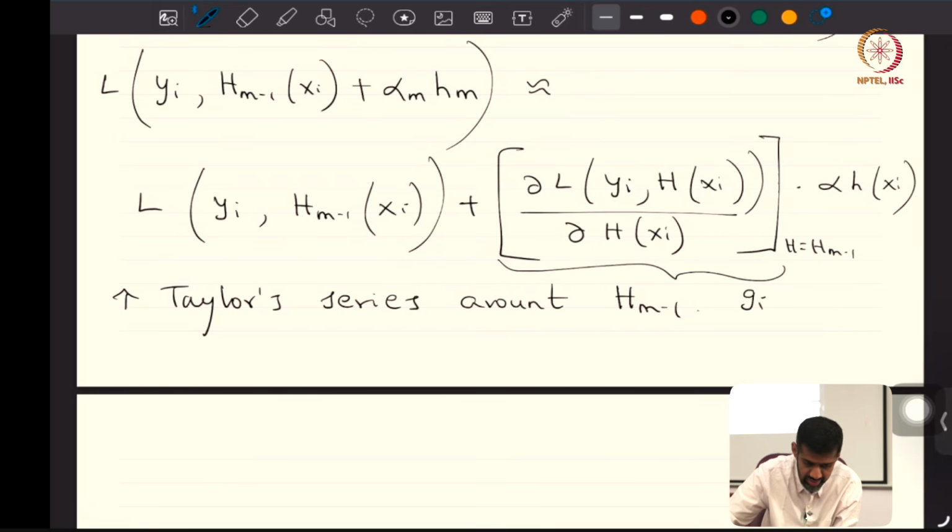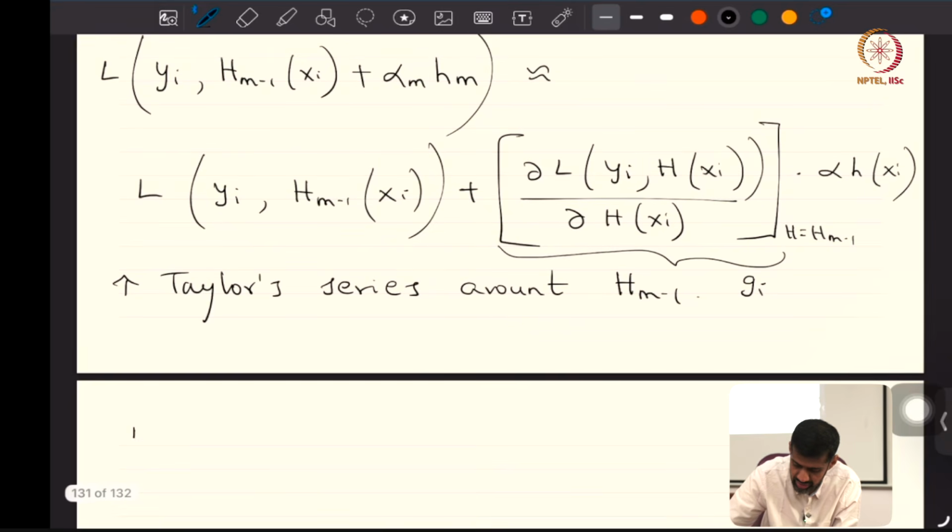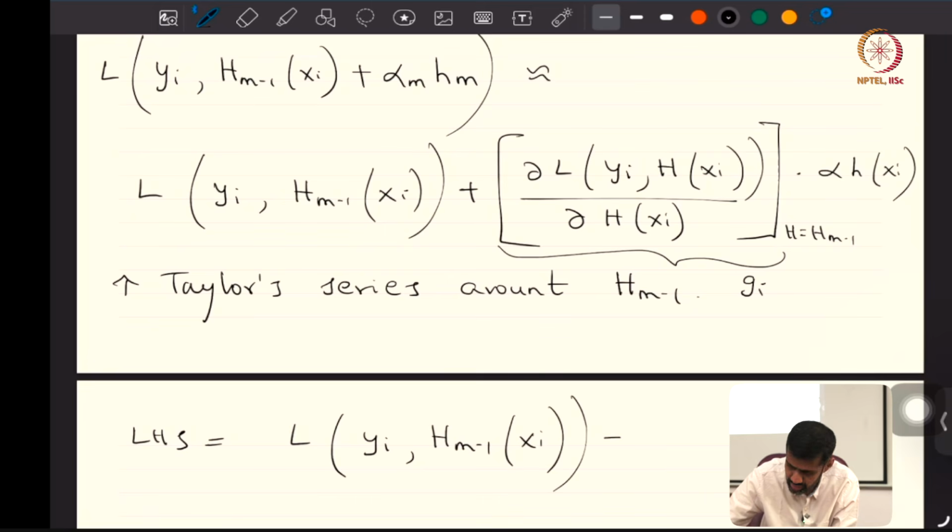If I do that, then my LHS is equal to L of y_i comma h_{m-1}(x_i), that is the first term, plus alpha times g_i into h of x_i.